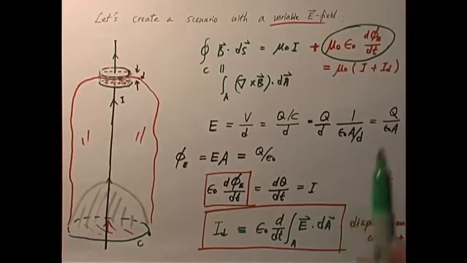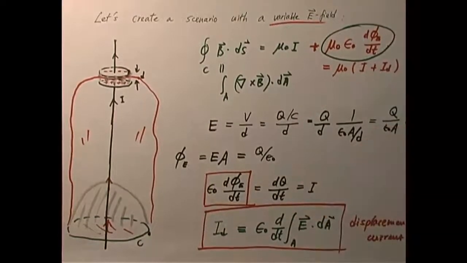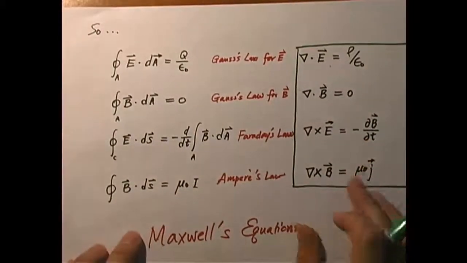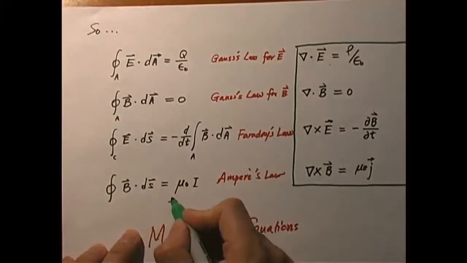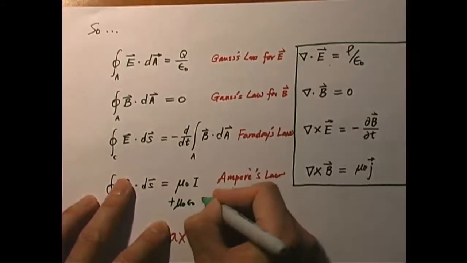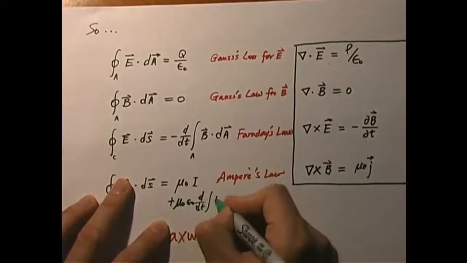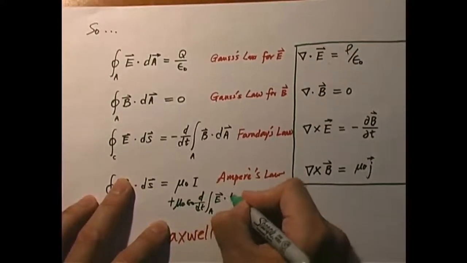This gives us further evidence of the symmetry between the electric field and the magnetic field. So now I must go back and modify. I have one new term, mu naught I plus mu naught epsilon naught d dt of E dot dA.